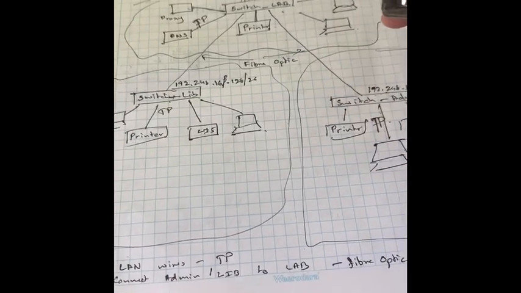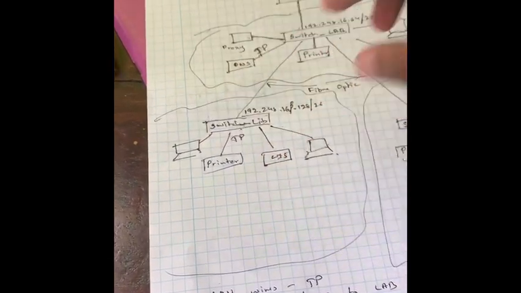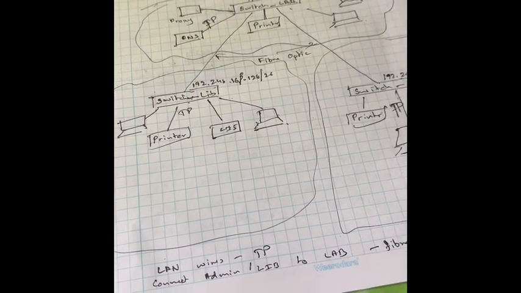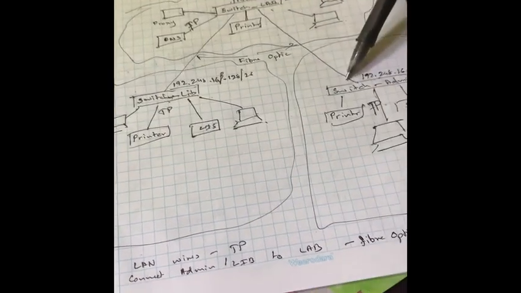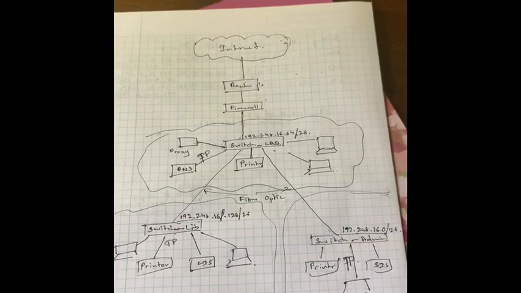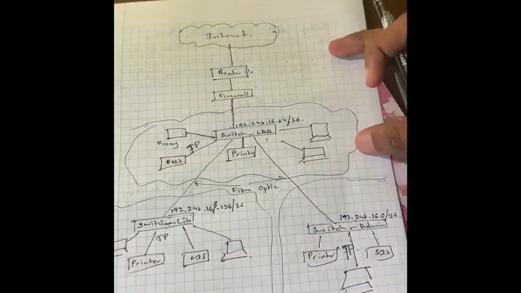And it is also said that the administration network and the library network will be connected to the internet through the lab network. Okay, so this is the network design that we've come up with for the relevant question.